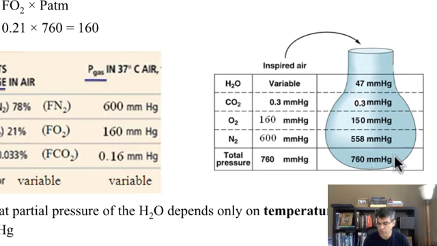So remember, the total pressure is 760, and now 47 millimeters of mercury comes from the water. So therefore, the share of other gases is going to go down. Let me explain what I mean by that. If I have $100 in my hand and I'm supposed to give it to 4 people, each one is going to get $25.